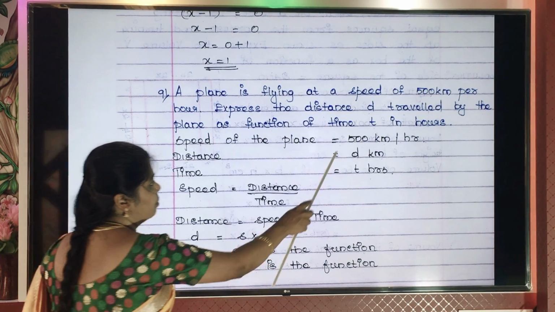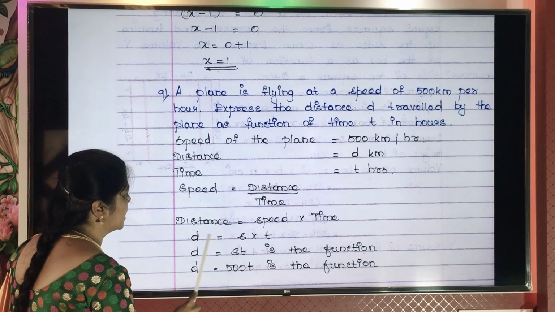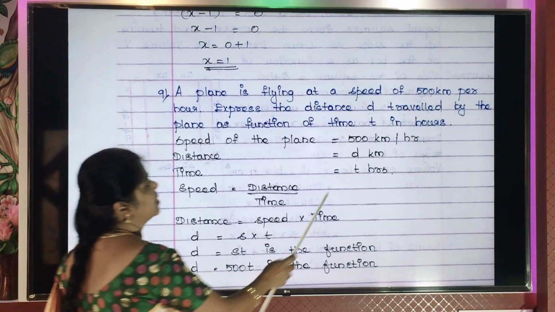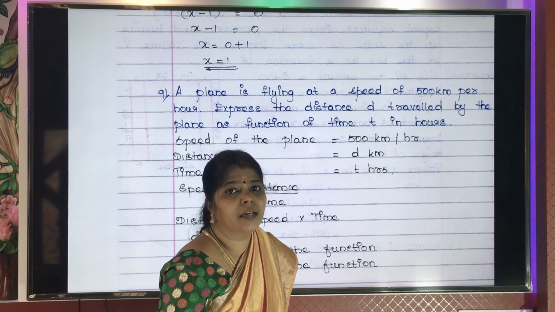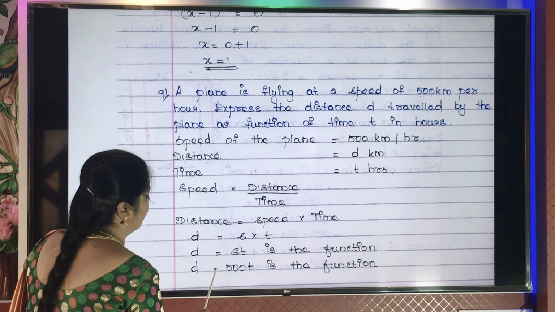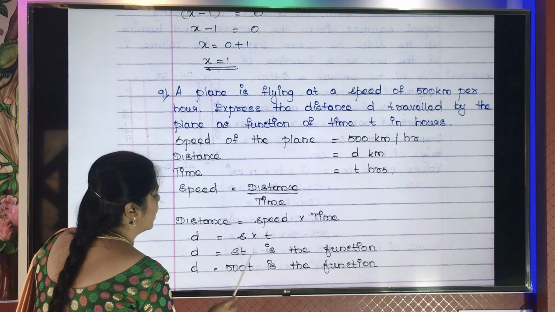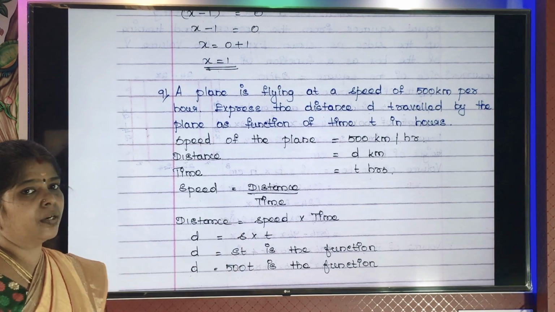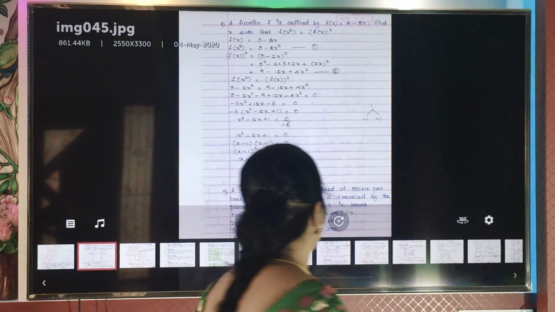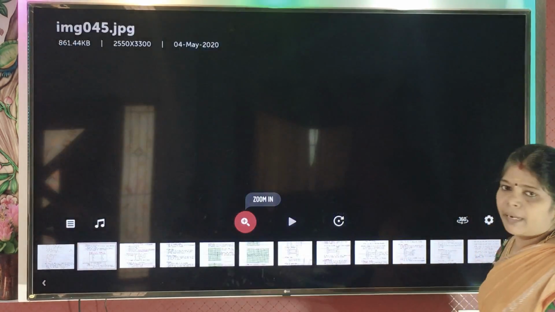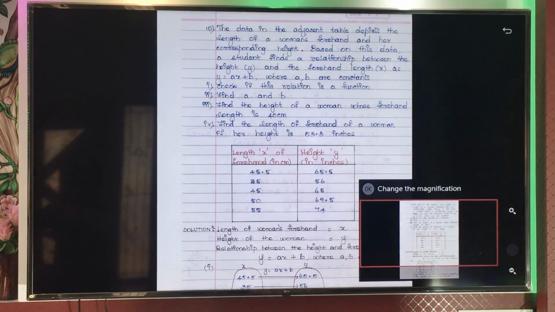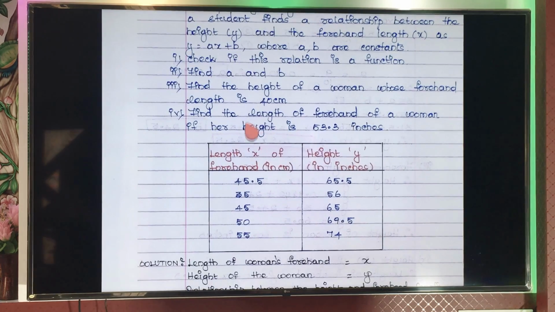So according to my assumption, D is equal to S into T. But what is S, children? Speed. It is 500. So let me substitute D is equal to 500 into T. So D is equal to 500 into T will be the function where the distance travelled by the plane is expressed in terms of the time T. Okay?